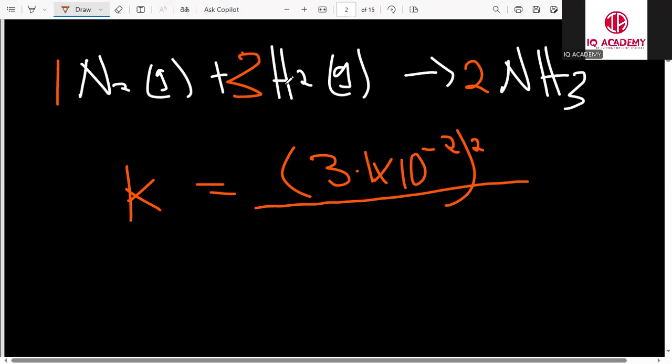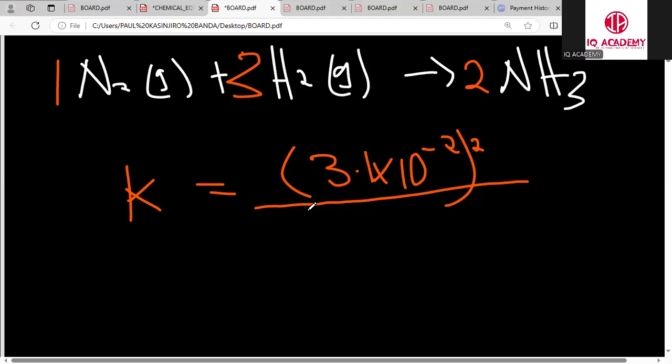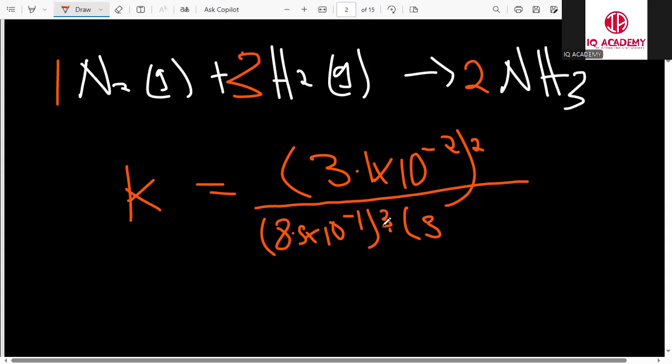What was the concentration of hydrogen there? I've forgotten the value. 8.5, this 3.1. So let's put the 8.5 here. 8.5 multiplied by 10 to the power 1. Okay, so this one here should be to the power 3, right?